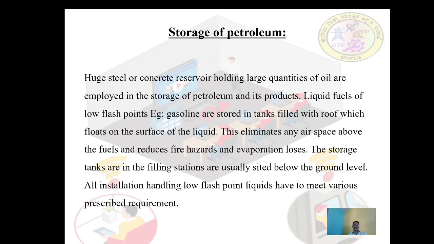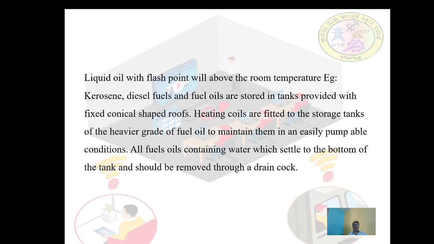The storage tanks in the filling stations are usually situated below the ground level. All installations handling low flash point liquids have to meet various prescribed requirements. Liquid oils with flash point well above room temperature, for example kerosene, diesel fuels, and fuel oils, are stored in tanks provided with fixed conical shaped roofs.